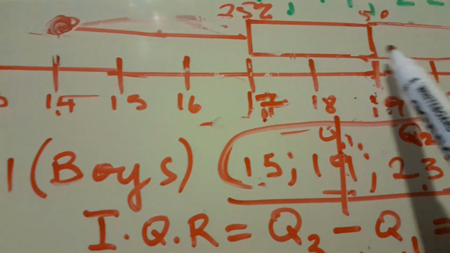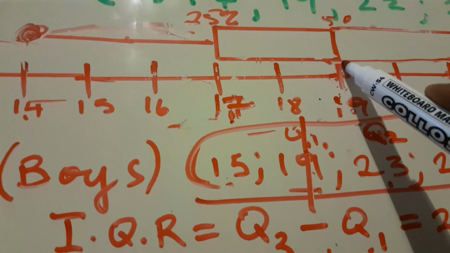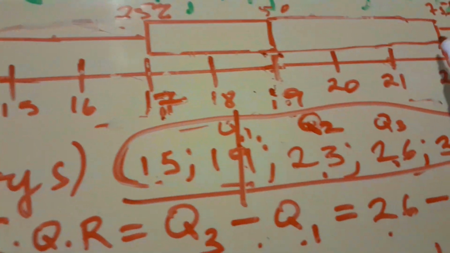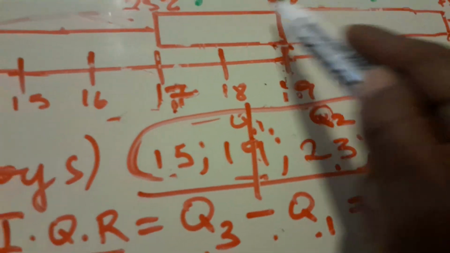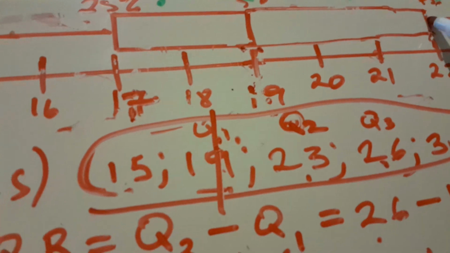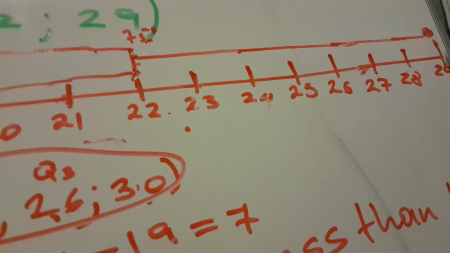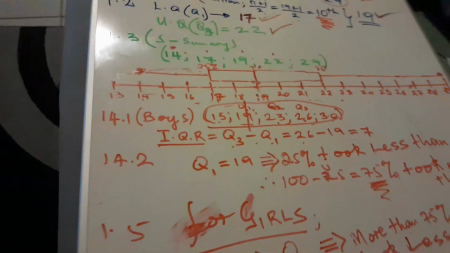Then continue drawing a box to the median. Then have a line at the median there. Then continue with the box up to the upper quartile. Then the whisker on the other end is going to go all the way up to the maximum. Yes, that should be fairly easy.